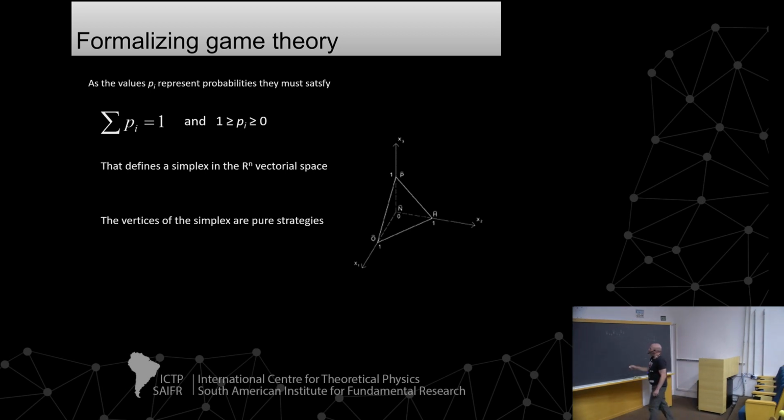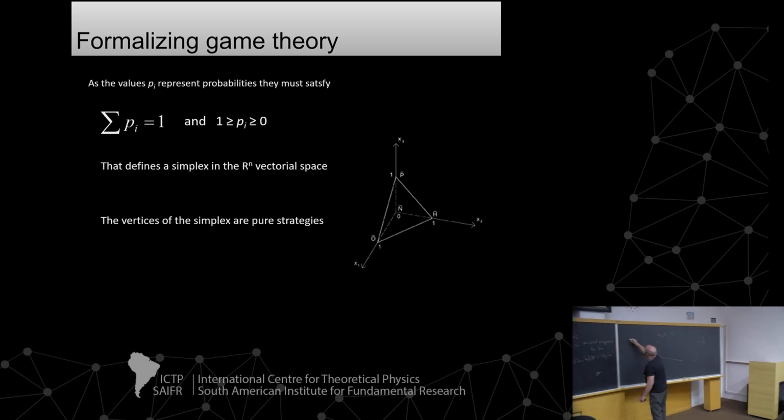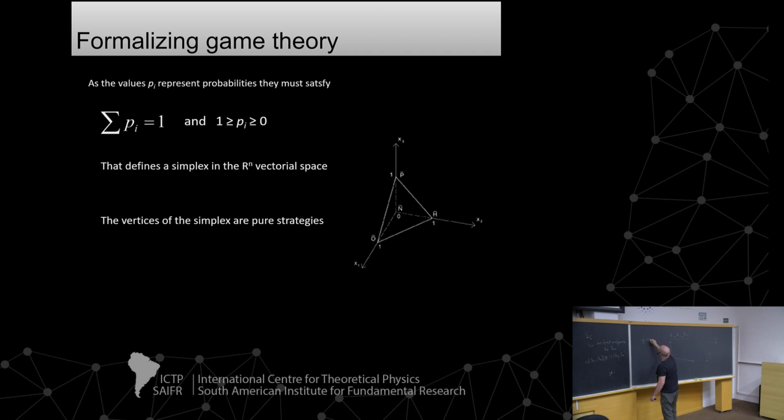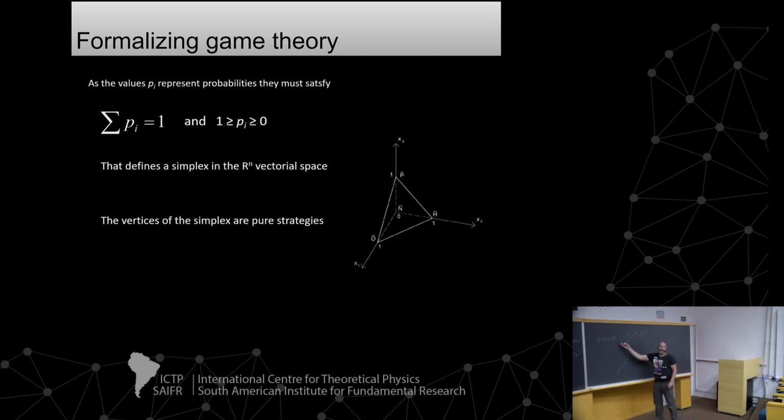And what I am going to do is the following. I will represent in a 3-dimensional space the vector P that is equal to, in this case, P1, P2, and P3. Any mixed strategy can be represented as a point in this 3-dimensional space.